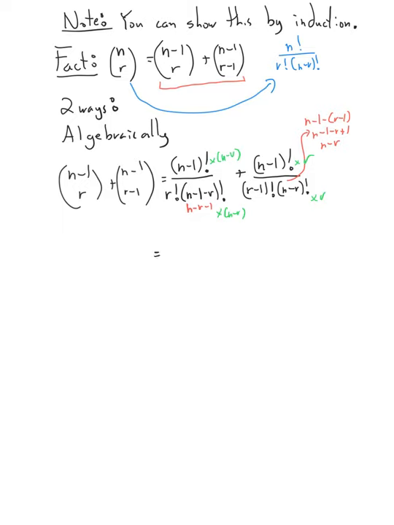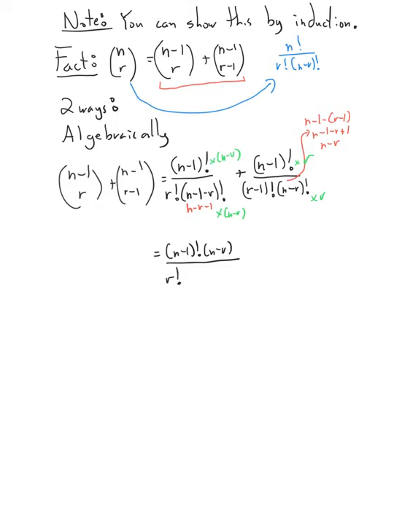So our numerators become n minus 1 factorial times n minus r over r factorial. And here we have n minus r minus 1 factorial times the next number up, n minus r.